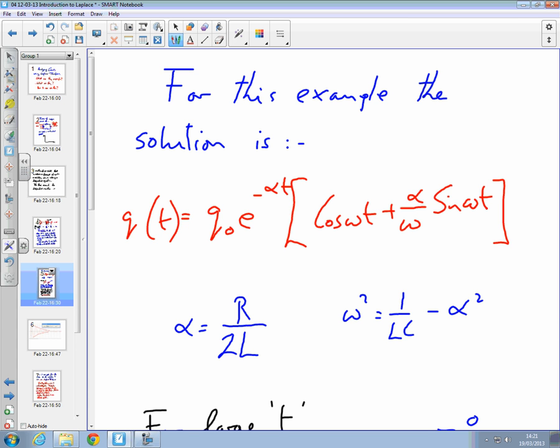Sorry? The magnitude, right. It's not a fixed magnitude. This amplitude is a function of time, and there it is. So that means the amplitude of this wave is going to be decaying, an exponential decay. And then we've got some sort of cosine and sine part to it. So would you like to review what you think your wave is going to look like now, in the light of that?